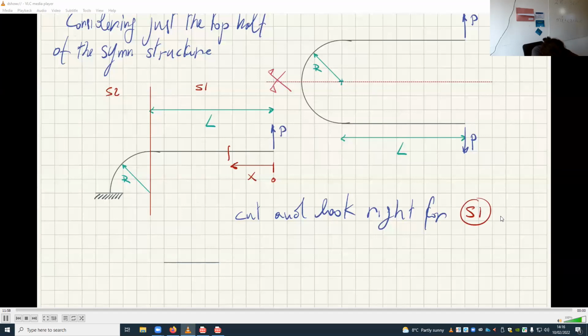Here is the force P. And the internal loads are N of X, V of X, and M of X. You should remember these from year 102 MA. And of course, this distance is X, as I just said.